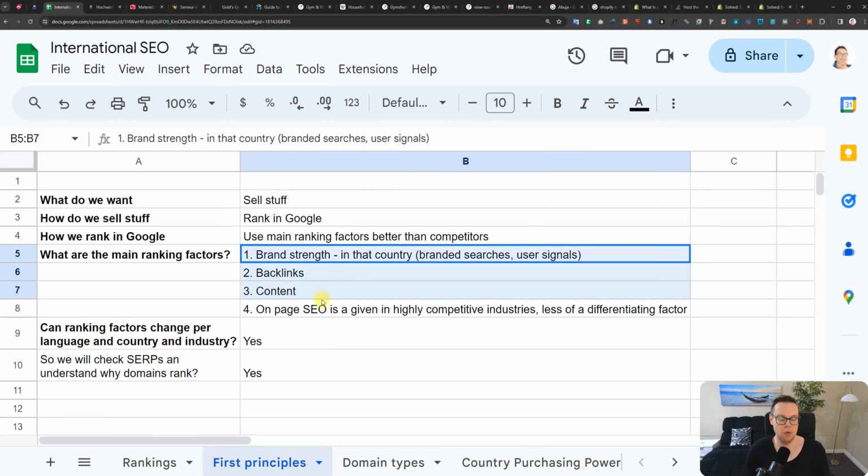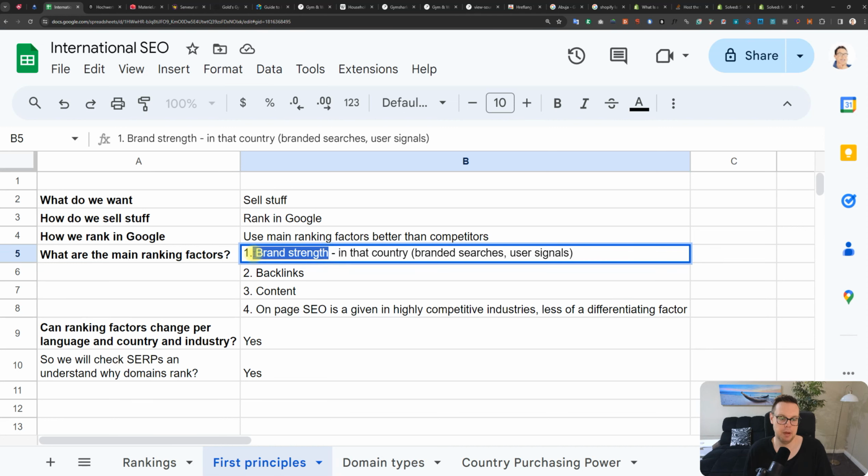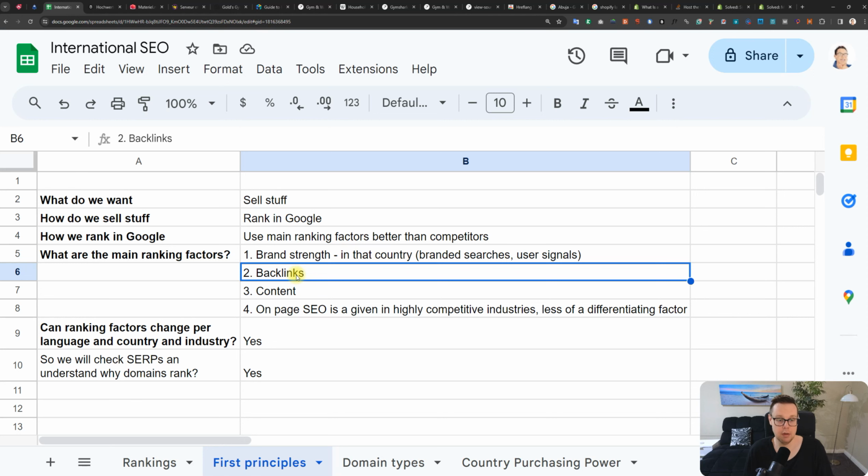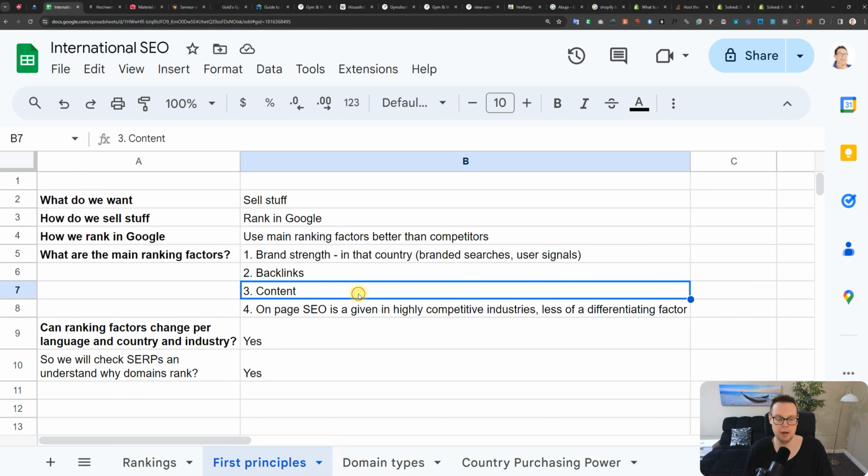And usually in most countries or languages, the main ranking factors are the brand strength. So that includes branded searches, user signals, and we could put other things into brand strength like backlinks as well. But basically, I've put it here in a separate column. So backlinks also definitely feed the authority and trust of the brand strength, but just to have it here separately, and the content.